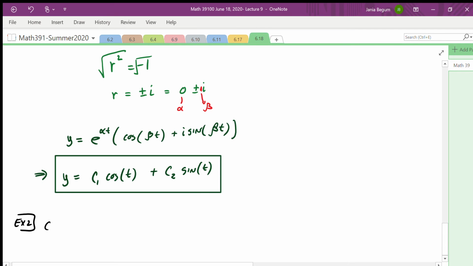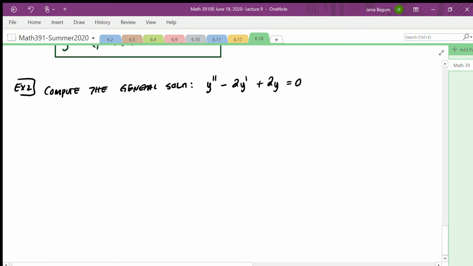So let's compute the general solution. Let's say we have y double prime minus 2y prime plus 2y equals 0.